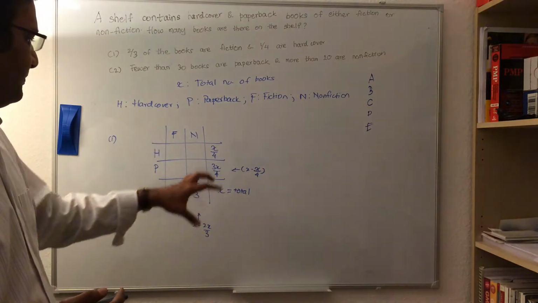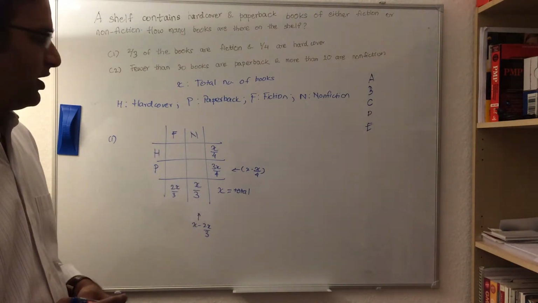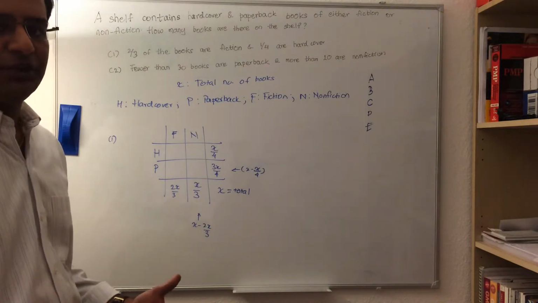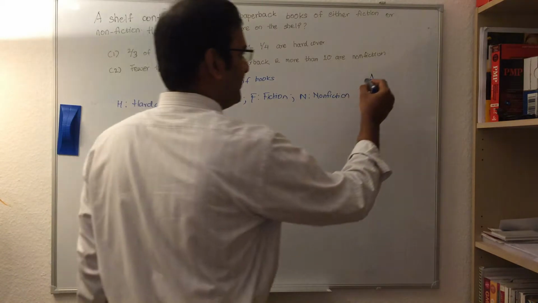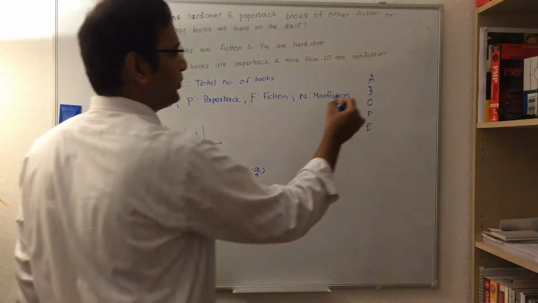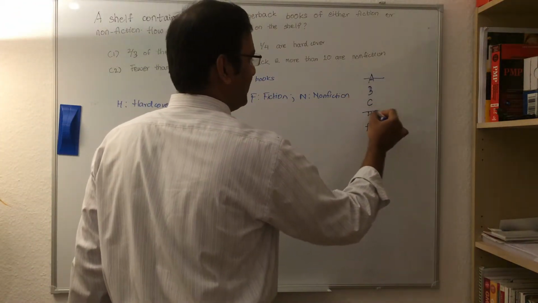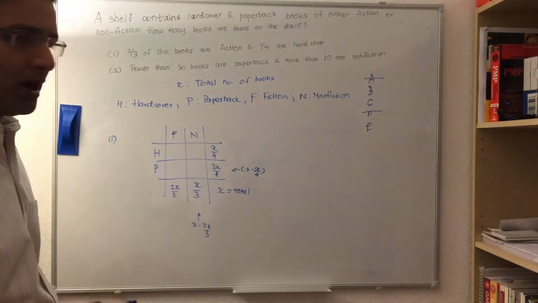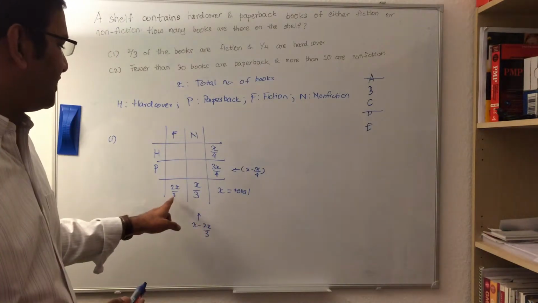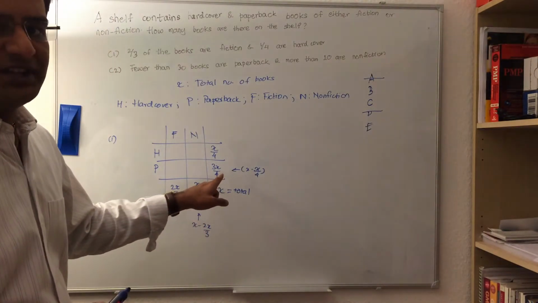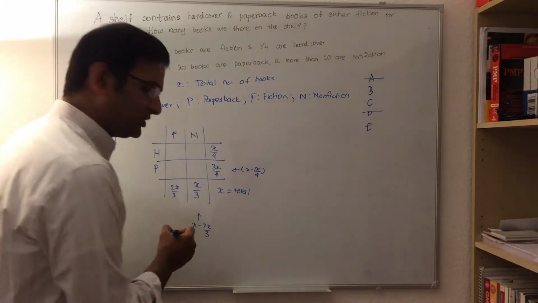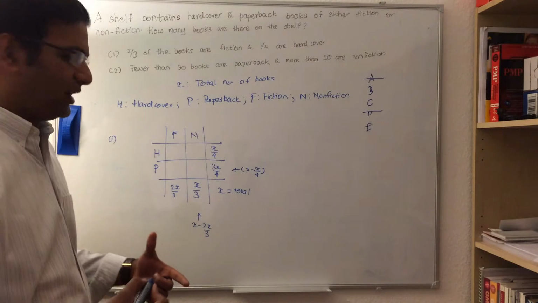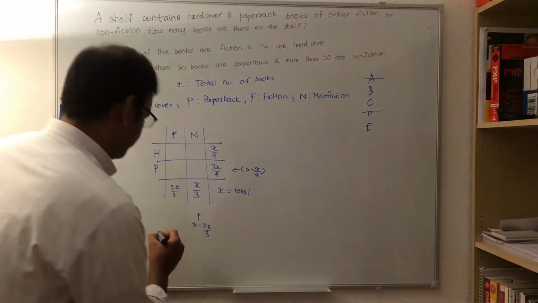Looking at the information captured in this table, we still do not have any means to compute a unique value of x. So statement 1 alone is not sufficient, so we could basically eliminate answers A and D. However, looking at the denominators 3 and 4, we could easily infer that x has to be a multiple of 12. This is an inference that we could use at a later stage in our problem solving.